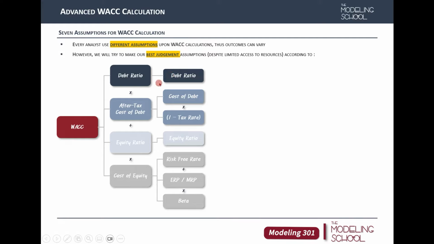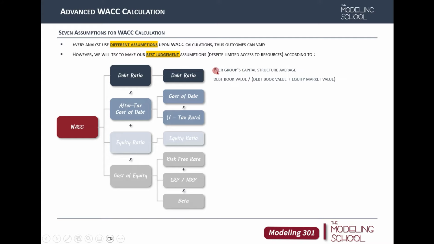So in order to calculate the weighted average cost of capital for Marriott International, we need 7 types of assumptions. First, we need the debt ratio. Of course, you can always use the company's current debt ratio or the equity ratio, but in many cases, debt to equity ratio changes over time. So in actual practice, we often see analysts use peer groups capital structure average.